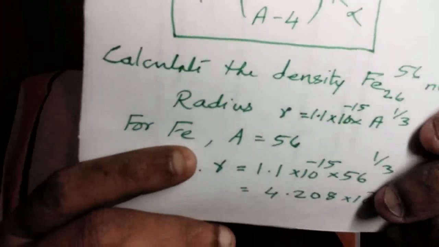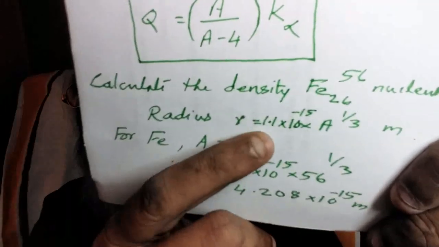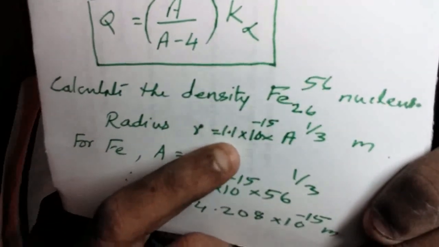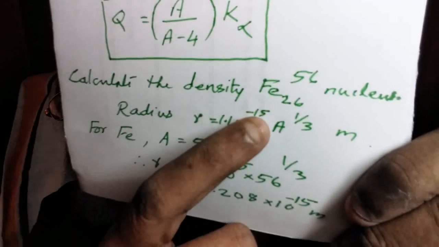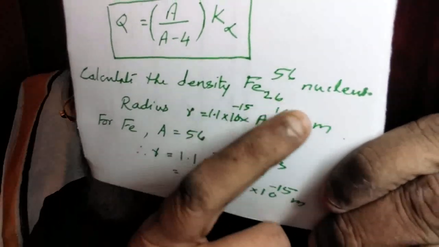One more point, that is the density of nuclear matter. Say, for example, calculate the density of iron nucleus. A nucleus is assumed to be spherical in shape. Radius of that nucleus is given by this formula, 1.1 into 10 raised to minus 15 into A raised to 1 by 3.